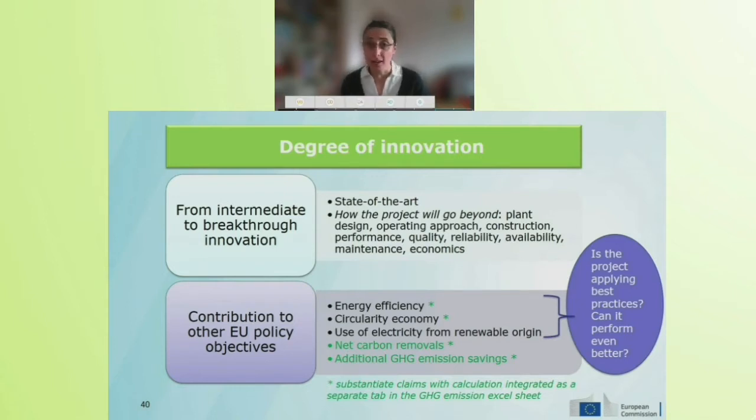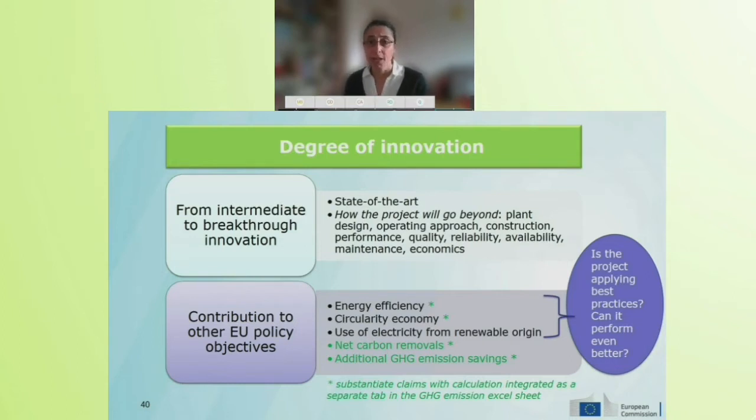However, you may argue that your manufacturing facility for batteries is actually very innovative and can provide additional greenhouse gas emission savings. Normally, this is not part of the calculation, and this is the chance for such projects to do an additional or separate calculation of these greenhouse gas emission savings and to present it, and this can be credited under degree of innovation.